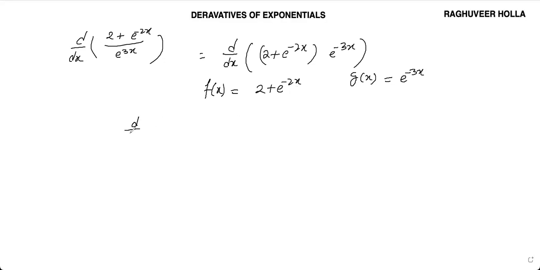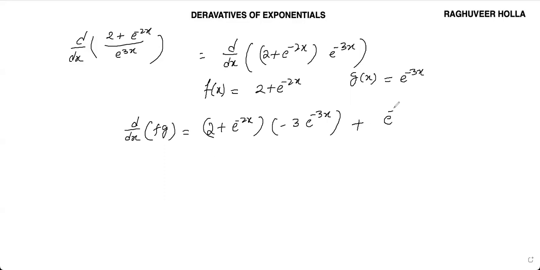Now d by dx of f into g. So this is 2 plus e to the power of minus 2x multiplied by minus 3 e to the power of minus 3x, right?